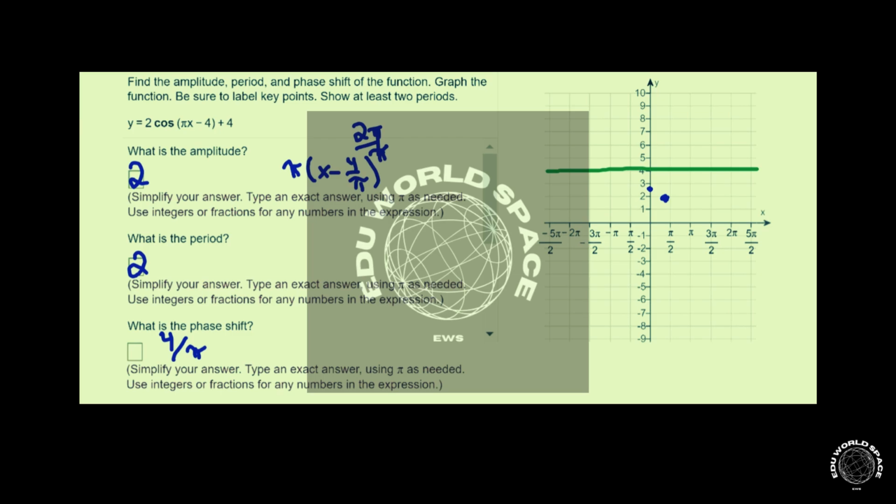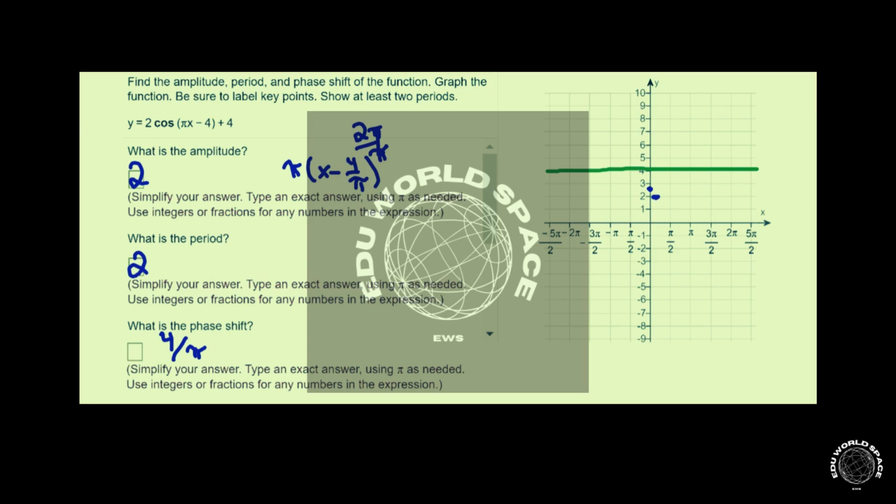It's about 1.3, which is shy of, actually that would not be a minimum. We'd have a maximum. We'd actually have a minimum just off of the y-axis.